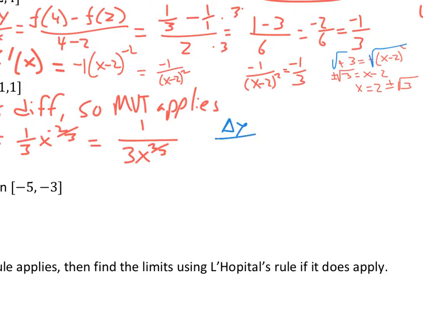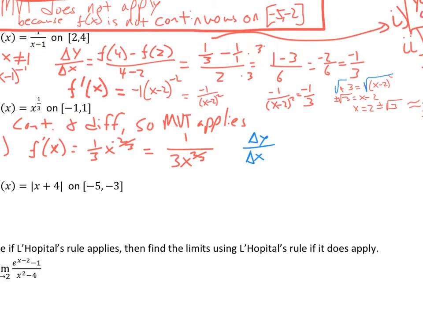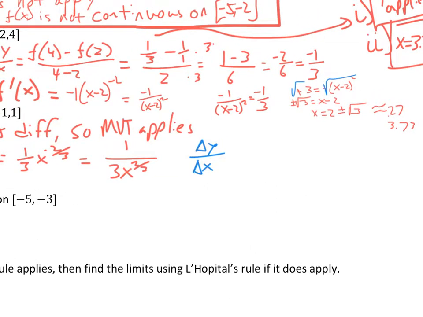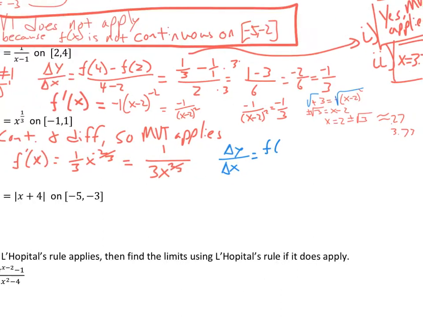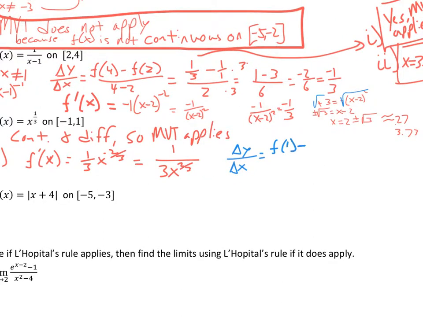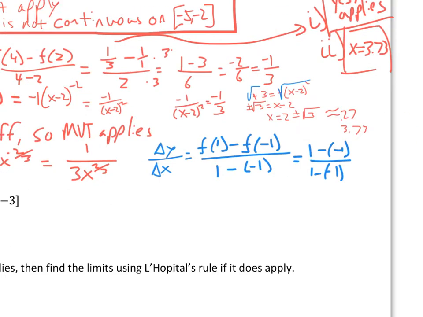Delta y over delta x is f of 1 minus f of negative 1, all over 1 minus negative 1. The cube root of 1 is 1, the cube root of negative 1 is negative 1, and 1 minus negative 1 is 2. So this whole thing is just equal to 1.